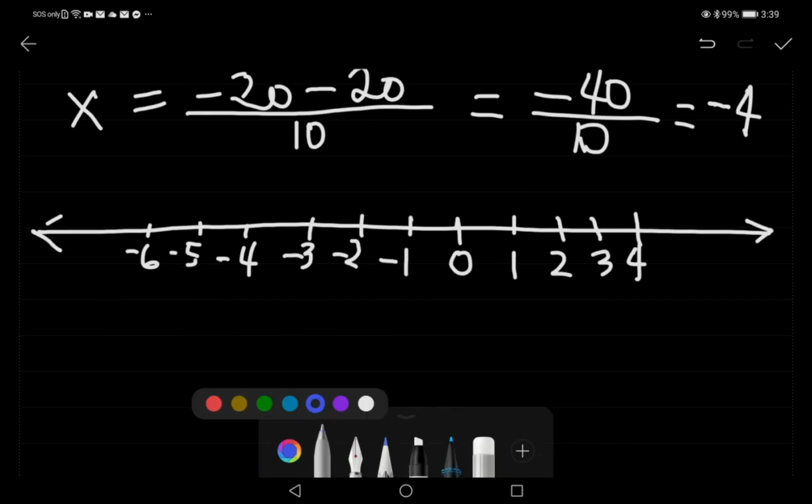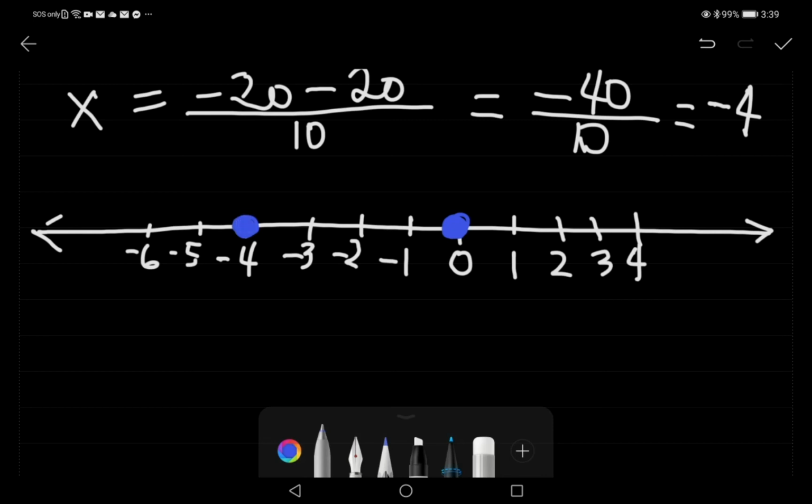Solid circle ari sa 0. Solid circle, tungod sad sa negative 4, itong butangan siya solid circle kay ang given nga inequality gamit man siya og greater than or equal to.